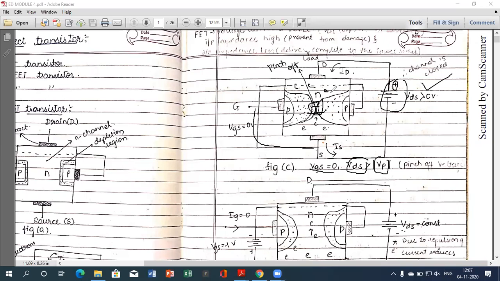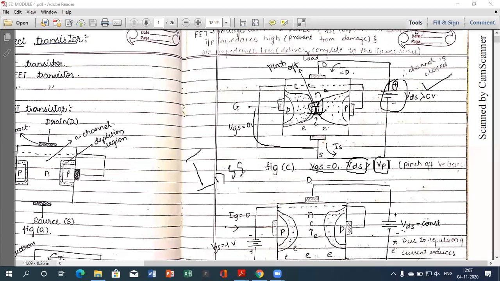Okay, so that's what happens here when VDS is increased to a maximum voltage, the electrons also get increased and cause a maximum current, and that current we call IDSS.